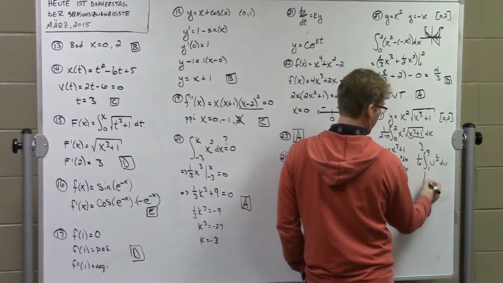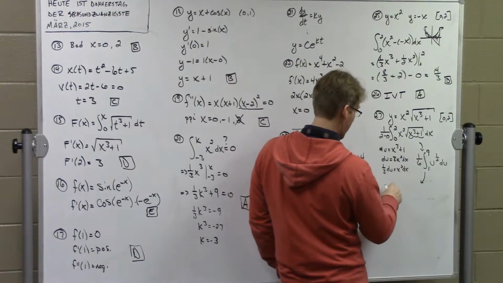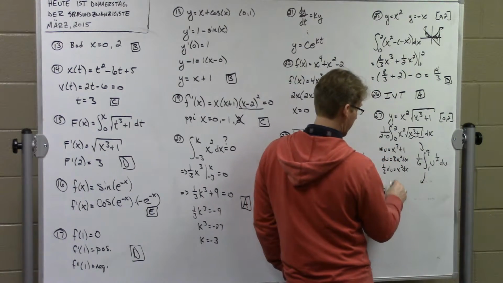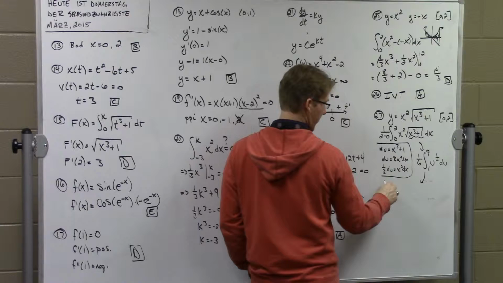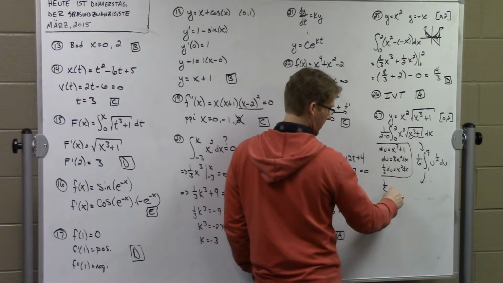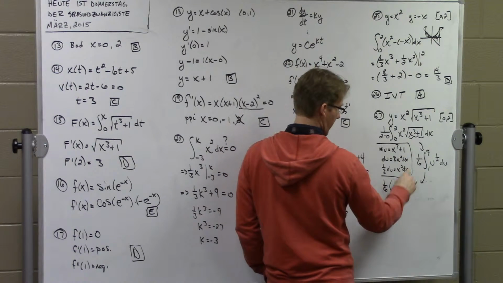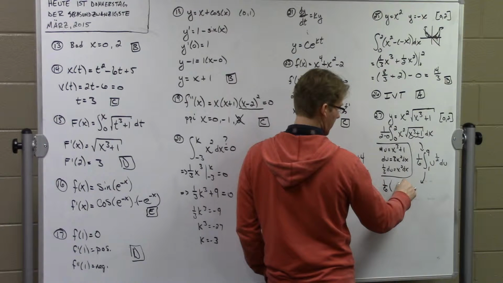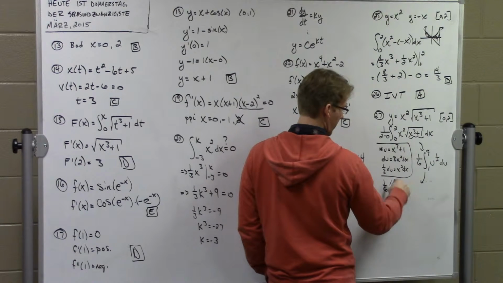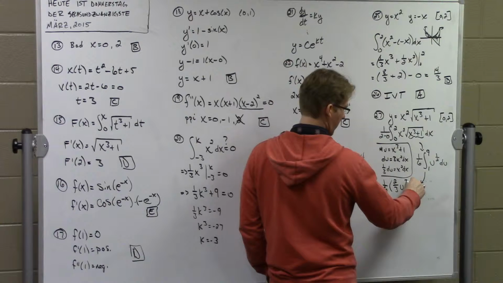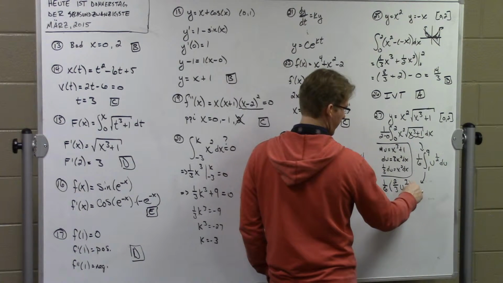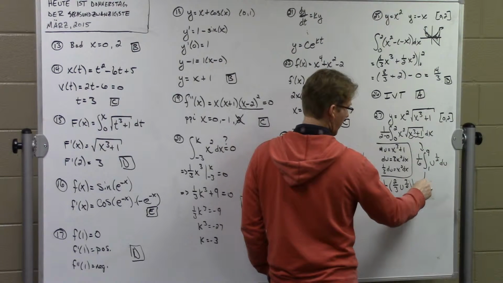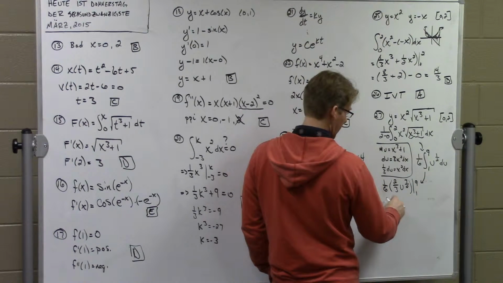This is going to give me 1/6 times 2/3 u to the 3/2 from 1 to 9, and both 1 and 9 work beautifully in this problem.